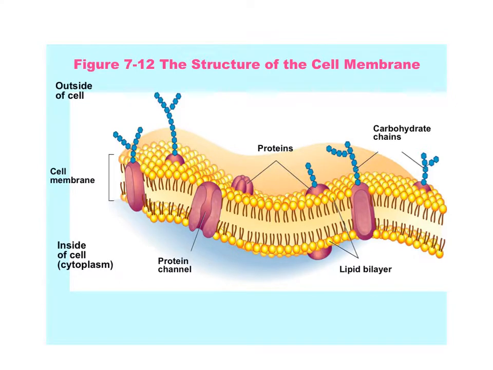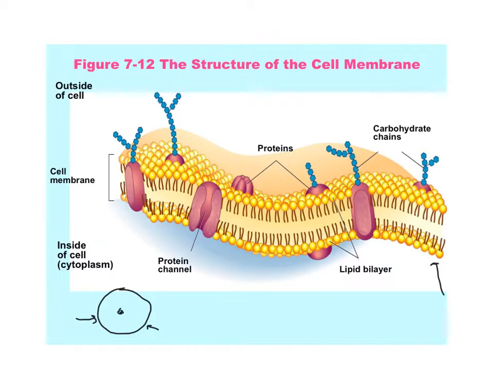And now like a close-up diagram of what a cell membrane looks like. So remember, if this is a cell, and that's the nucleus inside the cell, the outer covering around the cell, that's the cell membrane, and this is like a close-up view of that.